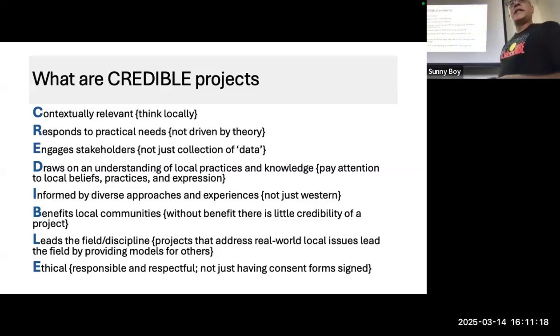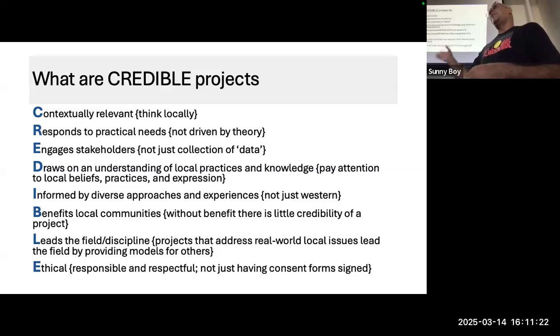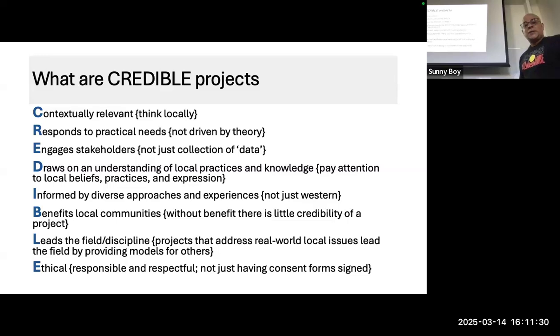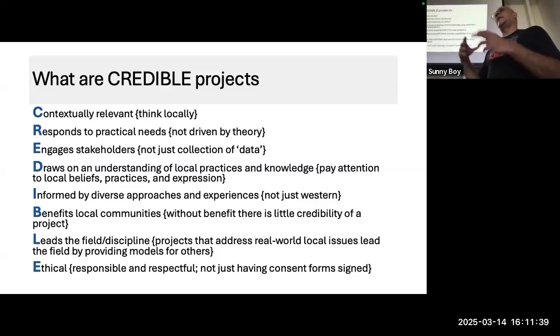We have a number of stakeholders in these projects, and many of the stakeholders are people who are in the community and doing stuff in their real lives. So we try to draw on the local experiences and pay attention to the local beliefs and practices, because if the project is designed for a context, it needs to reflect the ways that the people in that context live and work.